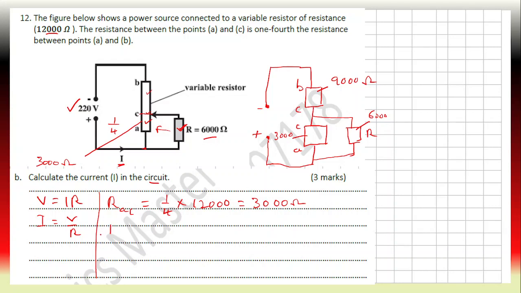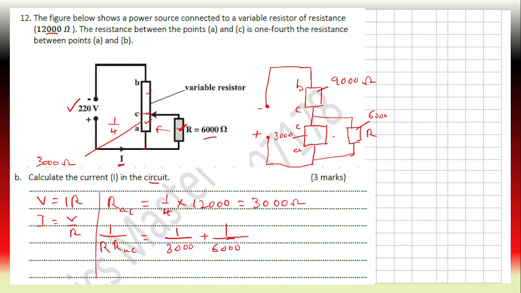So 1 over the total resistance R_AC will be equal to 1 over 3,000 plus 1 over 6,000. I'm adding these two.